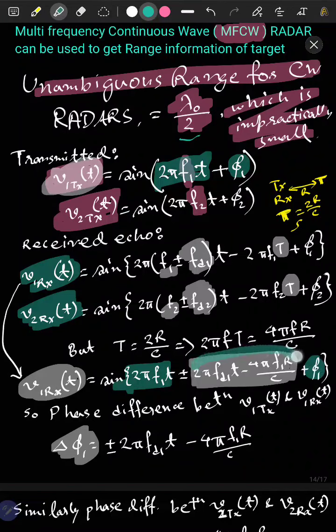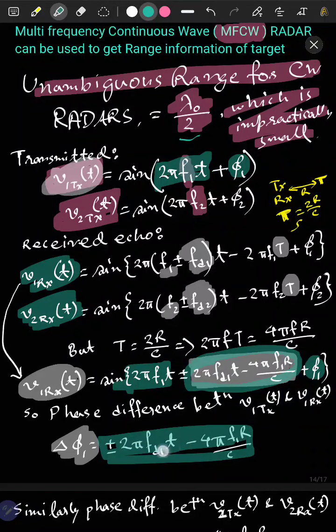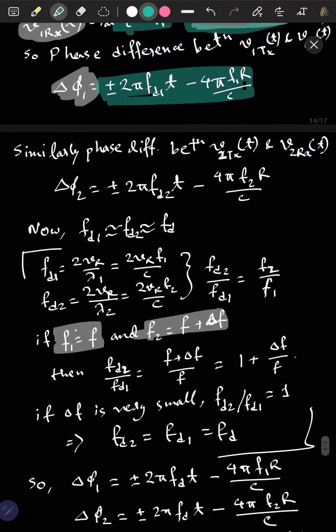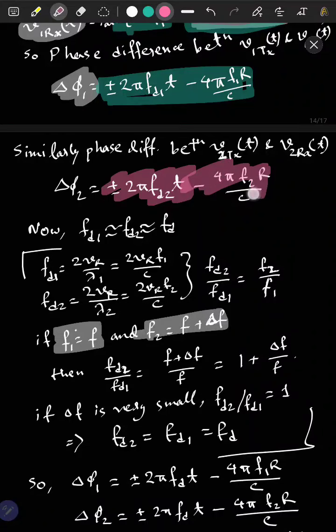So this becomes our phase difference. Similarly, we can derive the phase difference between V2 tx and V2 rx, and that will be plus or minus 2 pi fd2 t minus 4 pi f2 r by c.